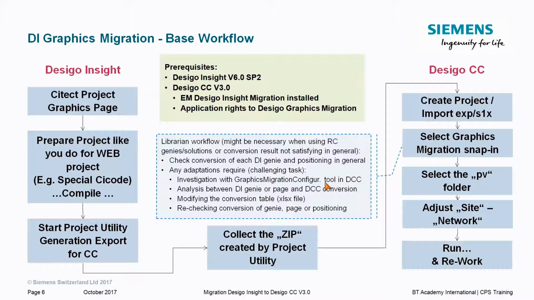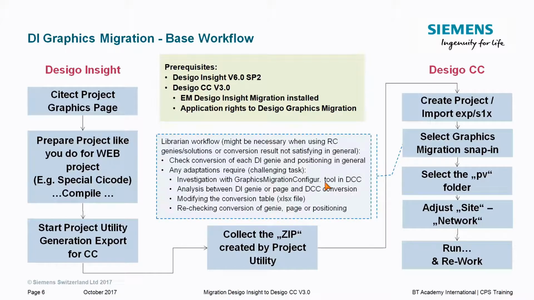The content of this mapping table, or the criteria for mapping graphic elements, is that we are using the symbol or genie names in Desigo Inside, okay, and we basically replace them with Desigo CC graphics elements, graphic symbols. We are using the object type, okay, analog input, analog output.